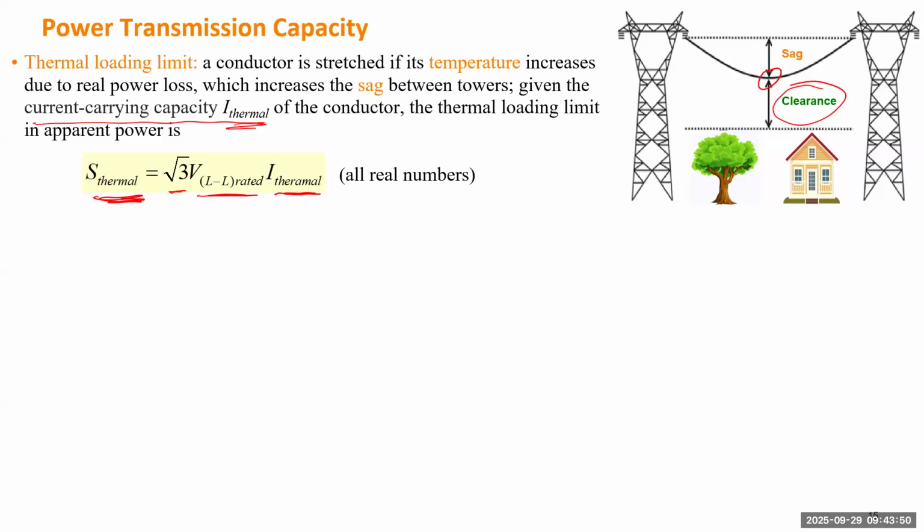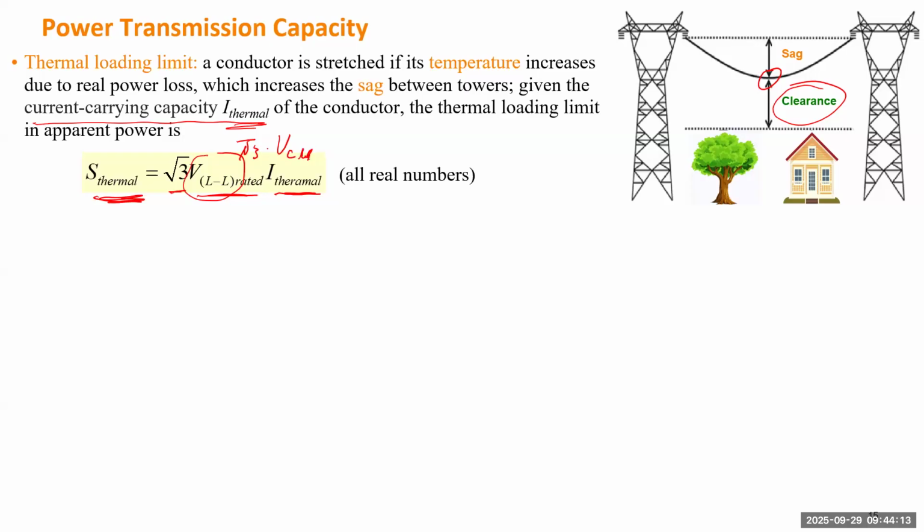we are calculating the three-phase power. So for apparent power, it will be the apparent power for each phase multiplied by 3. And here we utilize line-to-line voltage, which is the square root of 3 times the line-to-neutral voltage, right?